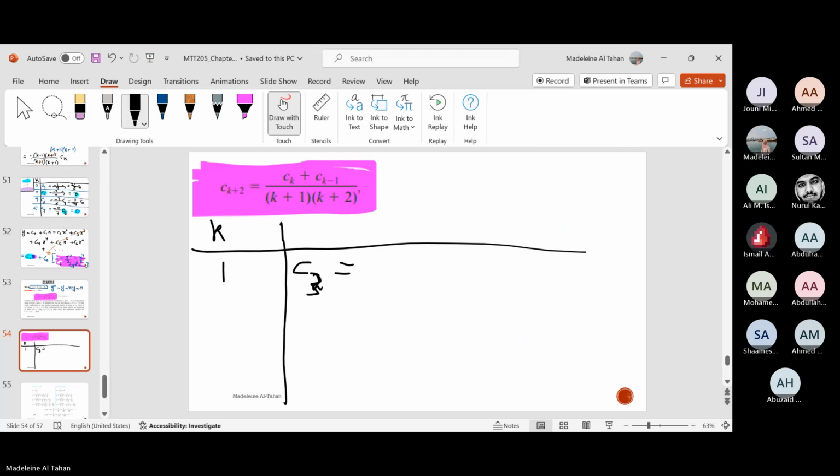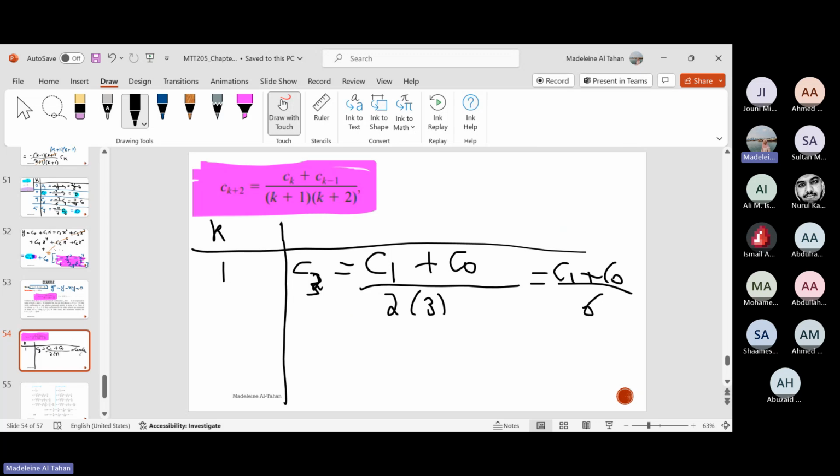C3 equal C1 plus C0 over, k equal 1, it means that 2 times 3. So we got C1 plus C0 over 6. So C3 depends on what, miss? On C0 and C1.